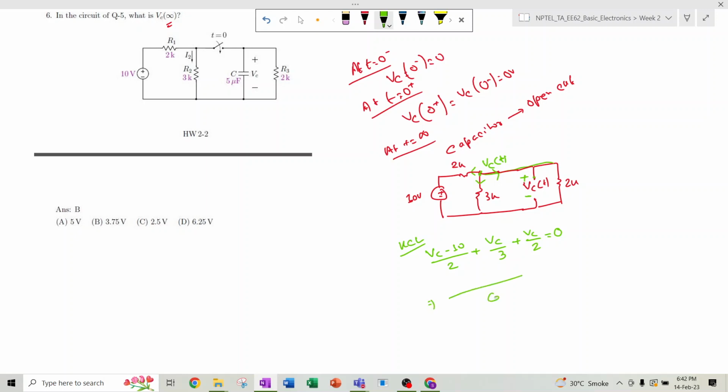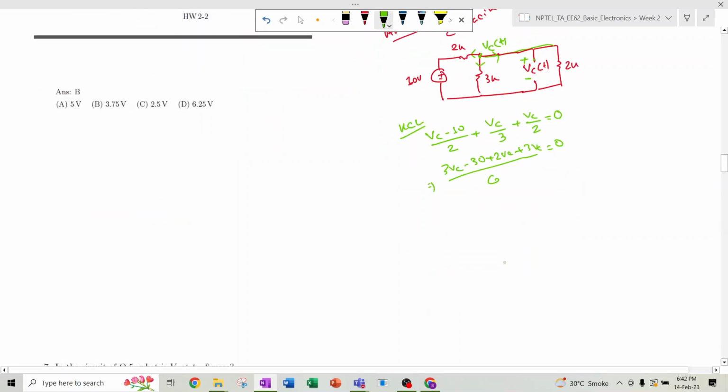So this denominator comes out as 6. So 3Vc minus 30 plus 2Vc plus 3Vc is equal to 0. That is (3 plus 2 plus 3) 8Vc minus 30 divided by 6 equal to 0.